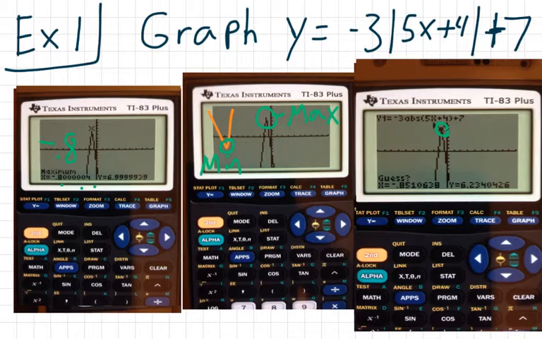That's your x value. Your y is 6.99999, you can basically call that 7. Which means then that your vertex is at the point (-0.8, 7). So that's your vertex right there.